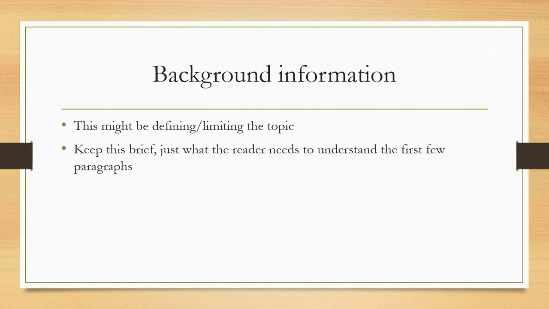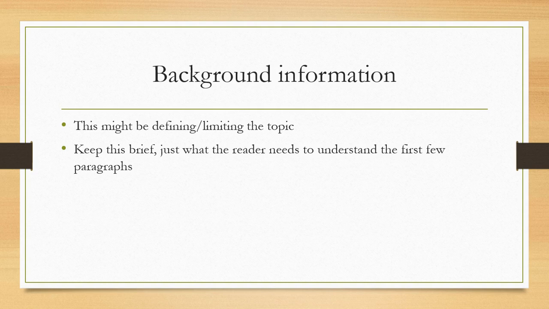Background information is often used in terms of defining or limiting the topic, but this really needs to be the bare minimum. You don't want to overload this introduction. This is what the reader needs to understand to get the first few paragraphs.